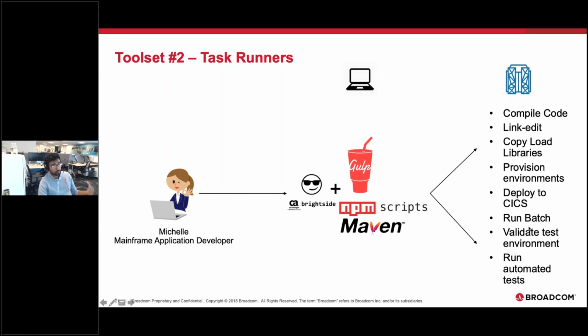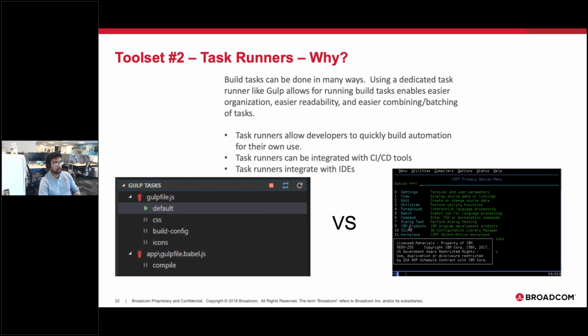And then, before you even run any tests, you just want to validate your test environment to see if it's all in place. And then, of course, you want to also run your automated tests that you've written to test your application that you've built. These task runners come into play and really make the developers' lives a lot simpler. And I'll share why here.